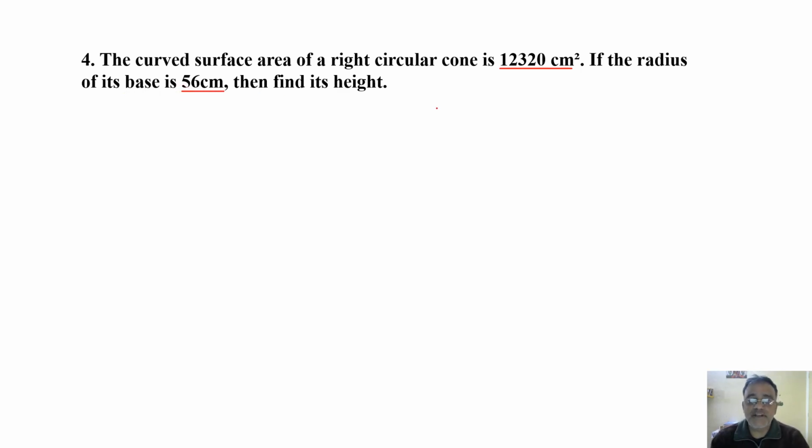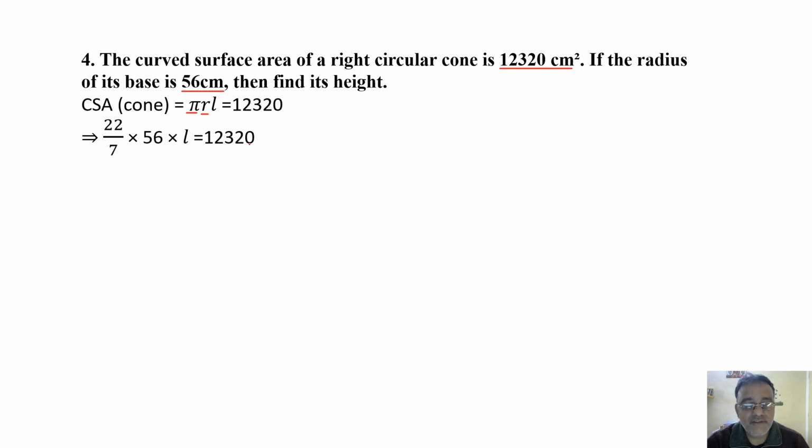So this is a general question. CSA is given. What is the formula of CSA of a cone? Pi RL, and that is equal to 12,320. The value of pi is 22 by 7. Radius is also given, 56 into L is equal to 12,320.